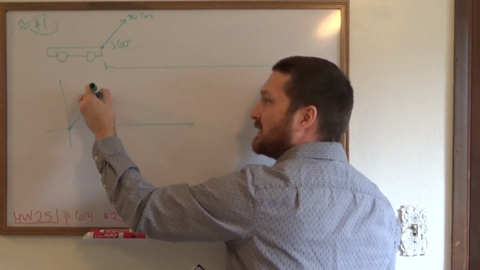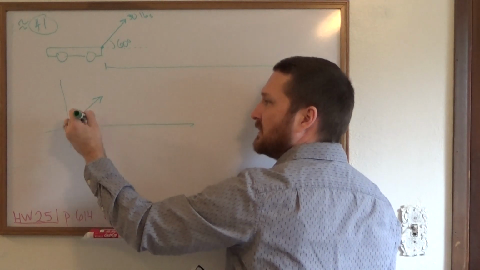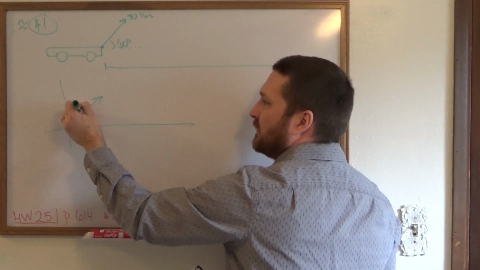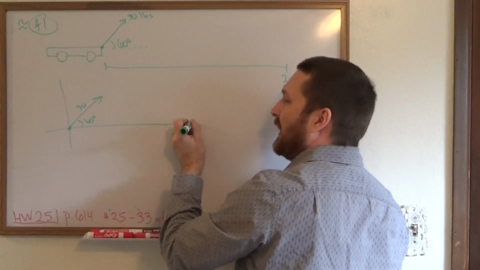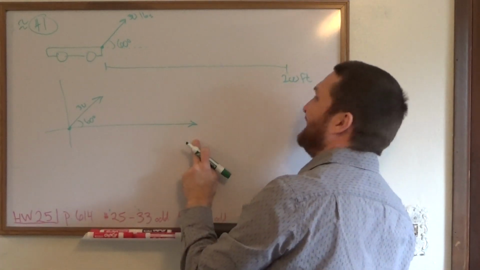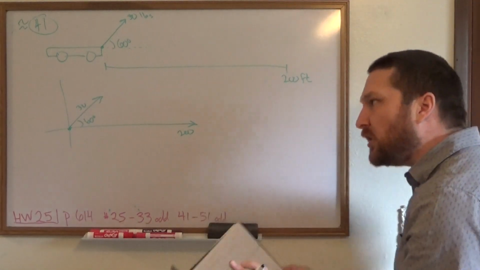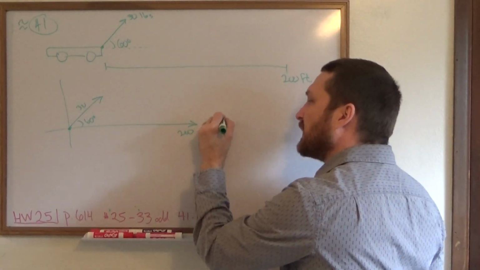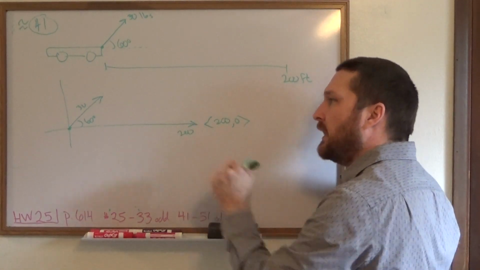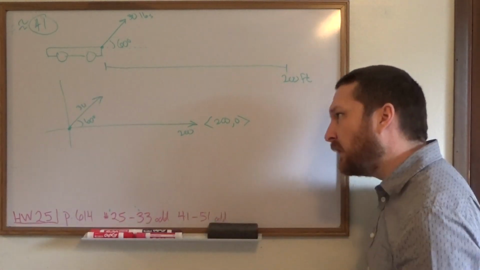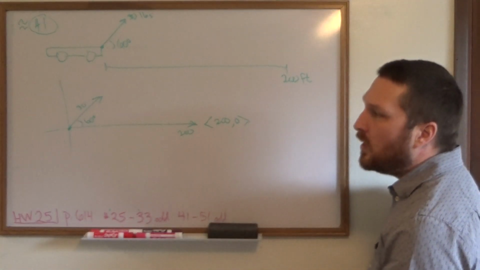We have one here at 60 degrees, and a magnitude of 30. The other one, how long do you want to make this vector? 200, right? Now, we could say this is the vector 200, comma 0, and this is the vector, and then we'd have to figure out what it is.